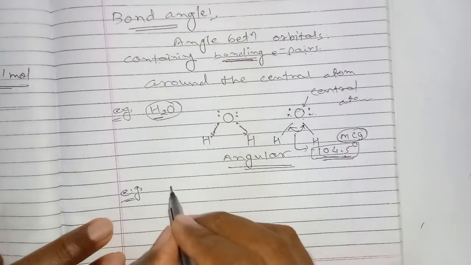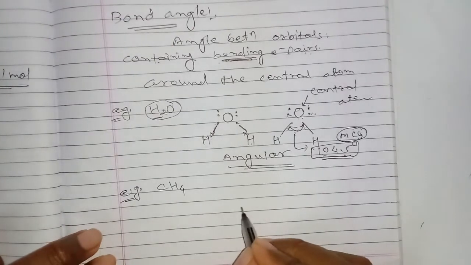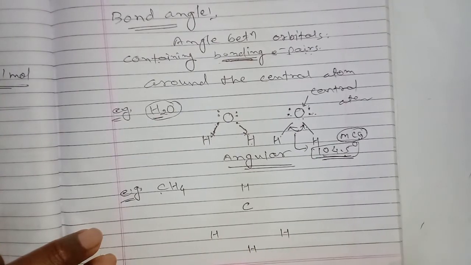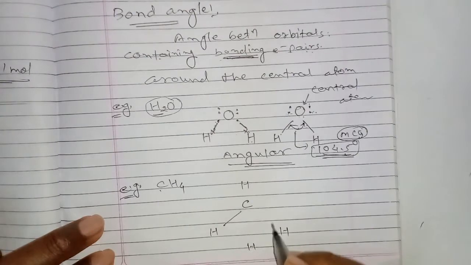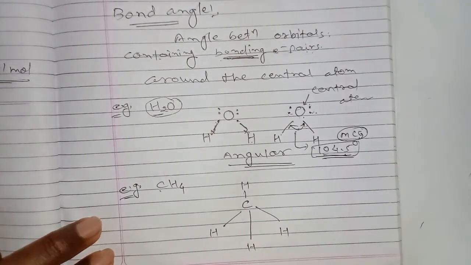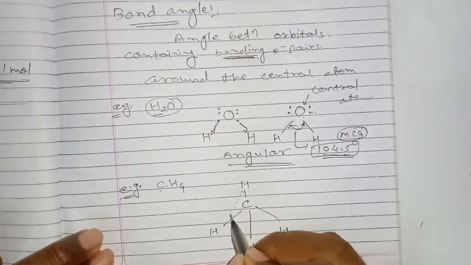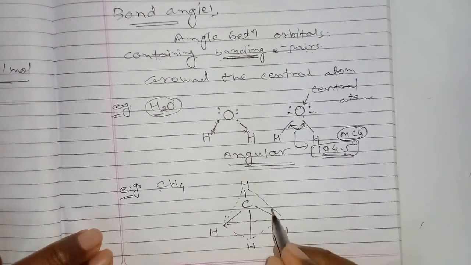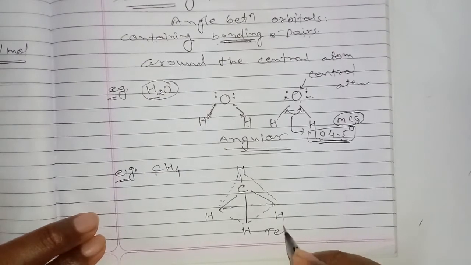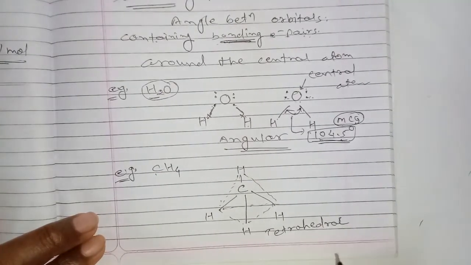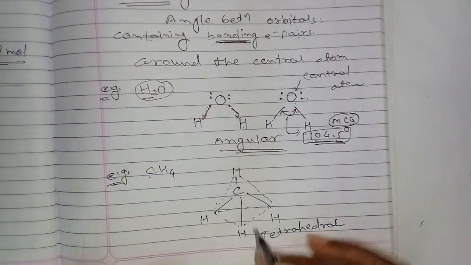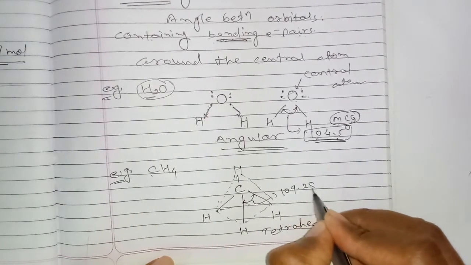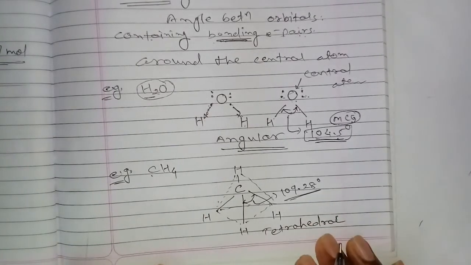Another example, in methane molecule, the carbon is bonded with four hydrogen atoms with single bonds, and its shape is tetrahedral shape, and the bond angle is 109.28 degree.